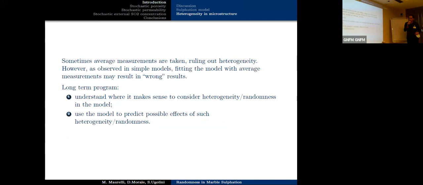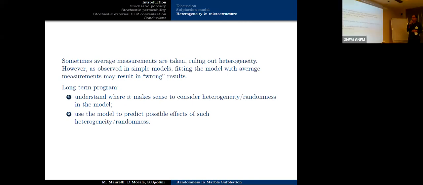Now, the point is that sometimes it's not easy to measure these heterogeneous quantities. Sometimes one takes just a macro model, and so sometimes this leads to not considering this heterogeneity. We have seen in particular yesterday's talk of Panicopoulos, very nice, which derived this model from micro to macro.